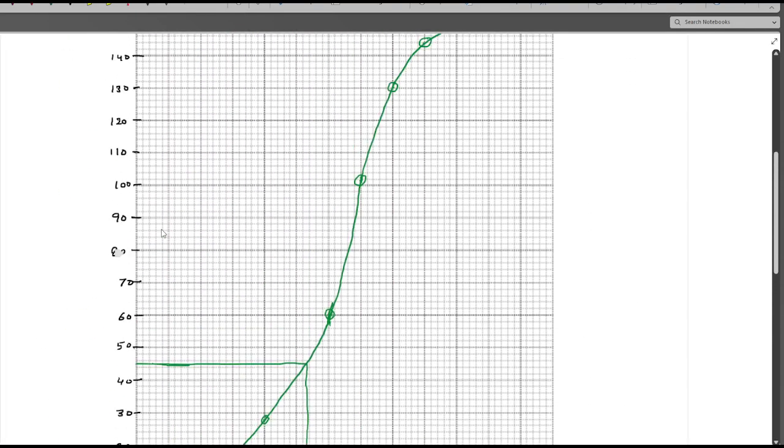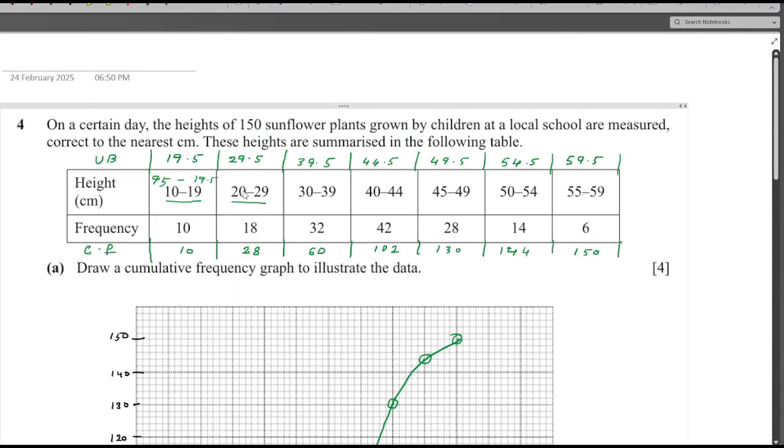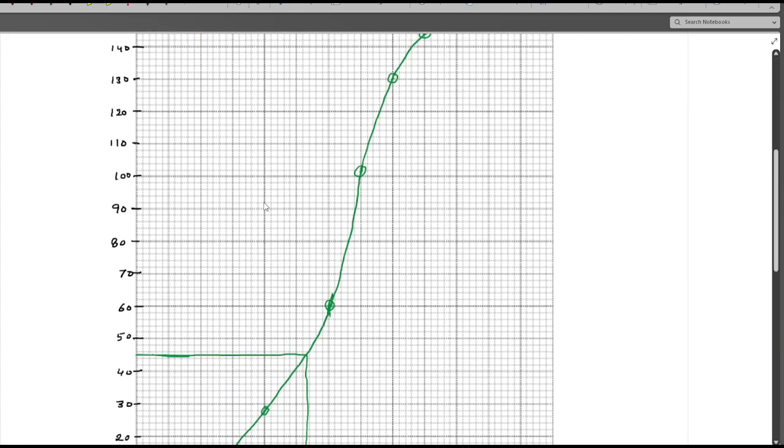The second value is the mid value of 20 and 29. So 20 plus 29 divided by 2 is 24.5.